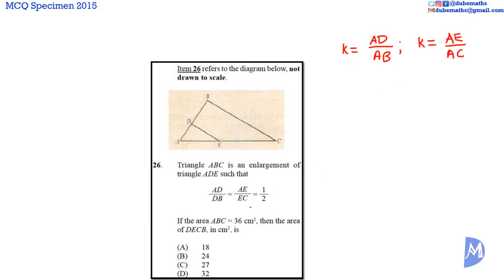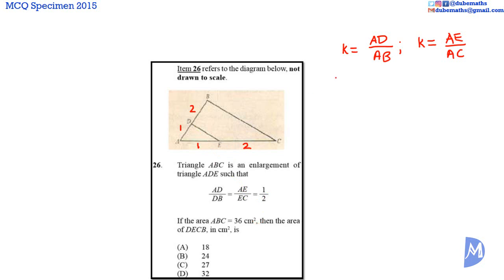We are given that AD over DB is equal to a half and AE over EC is also equal to a half. This is not the scale factor. AD over DB is equal to a half. So if AD is 1 unit long, then DB would be 2 units long. And AE over EC is equal to a half. It follows that if AE is equal to 1 unit, then EC would be equal to 2 units.